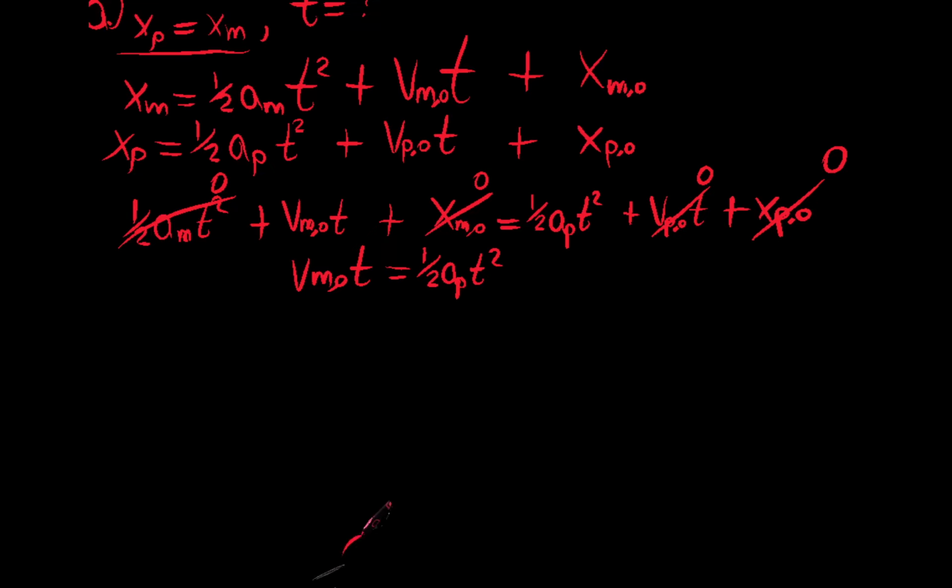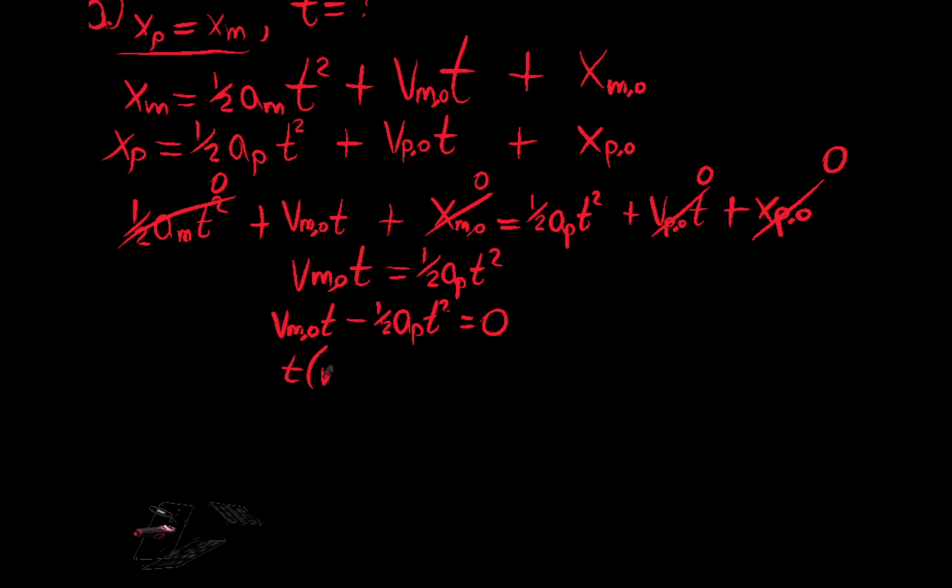So we can solve for time as we can set Vm naught t minus 1/2 AP t squared equals 0. Factor out the t. So t times (Vm naught minus 1/2 AP t) equals 0.